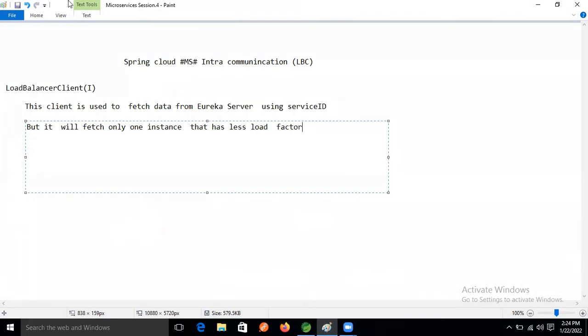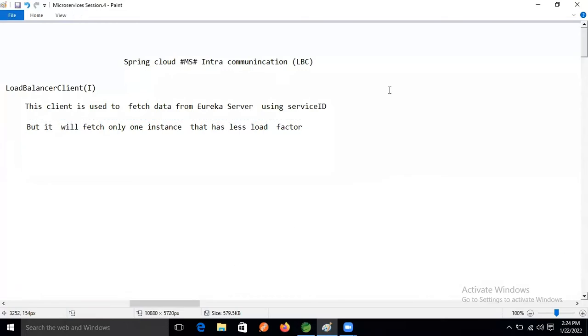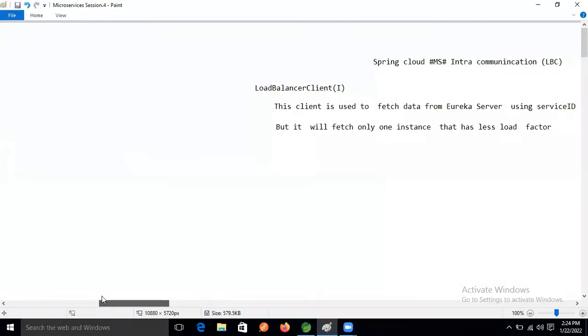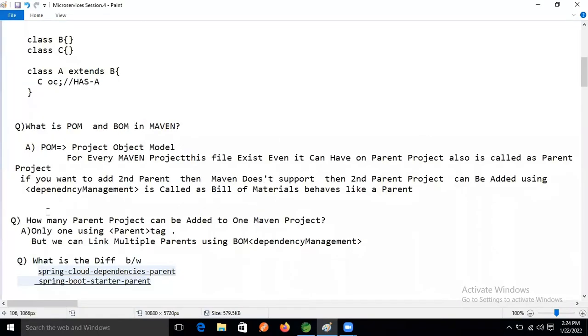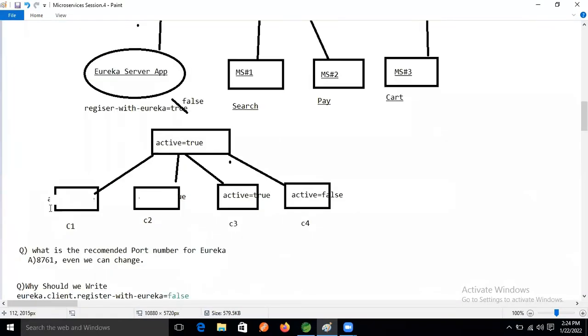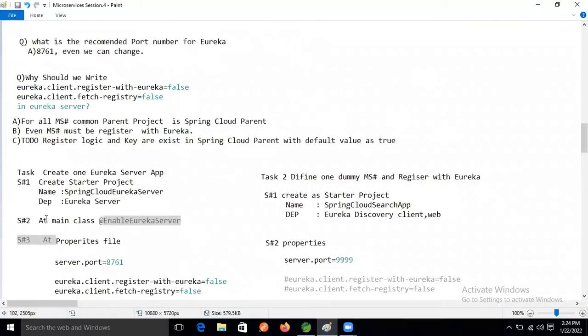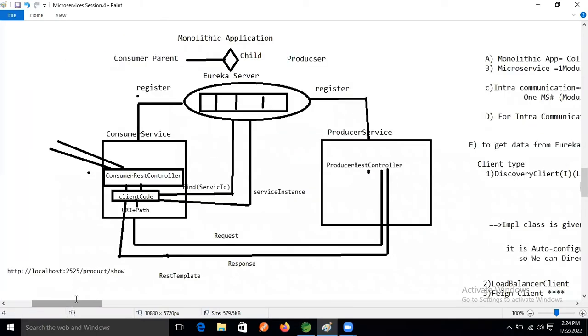Don't worry about that. I'm going to draw this diagram again in front of you, and based on this diagram we will implement our load balancer client. I've explained this diagram multiple times, even on the initial day, when I gave the full microservices diagram. I also said to make it your desktop screen or practice it.